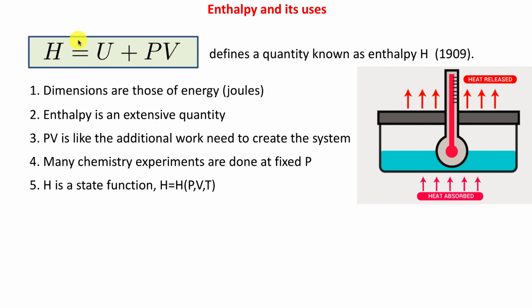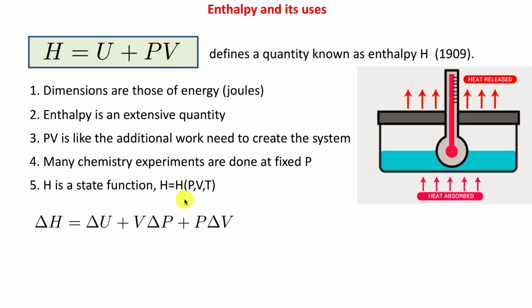Now let's look over here at the definition of H. H is the sum of a state function plus a function of P and V. Well, it's a pretty simple function of P and V. It's just the product of P into V. And so H is itself a state function, meaning that it depends upon P, V, and T.